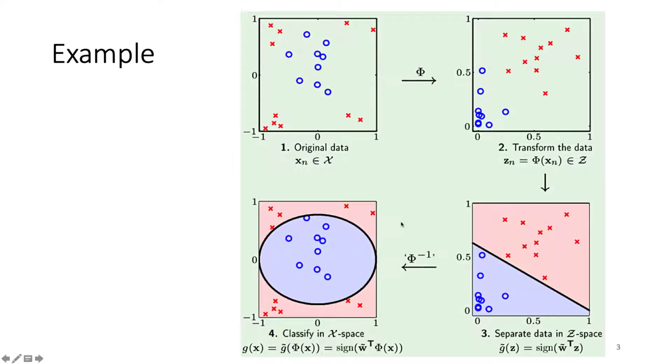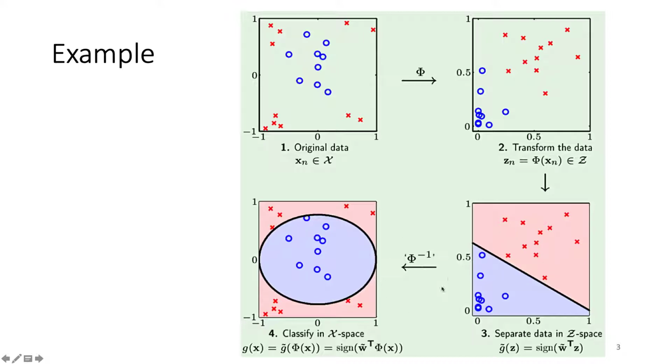So that was pretty much the high-level process: starting from nonlinearly separable data, apply the transformation, bring it to linearly separable data, and then apply a classifier such as PLA here.